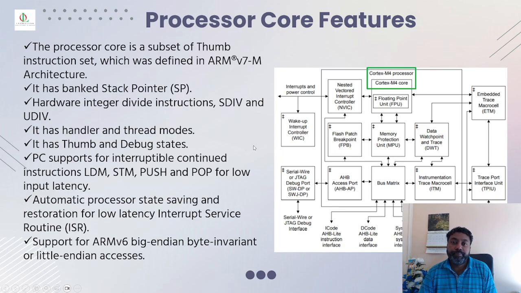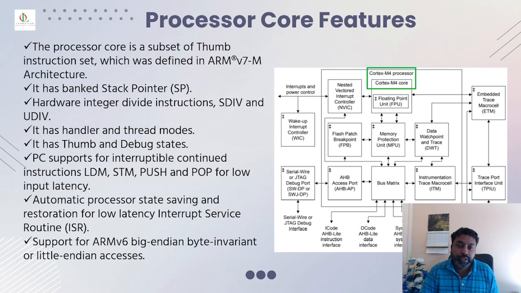And the processor core supports interruptible instructions on LDM, STM, push and pop, for low interrupt latency. And automatic processor state saving and restoration for low latency of the interrupt service routine, the ISR. If something gets interrupted, it has its own saving mode. And it has its own support for the V6 version.